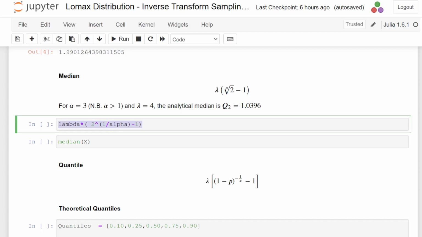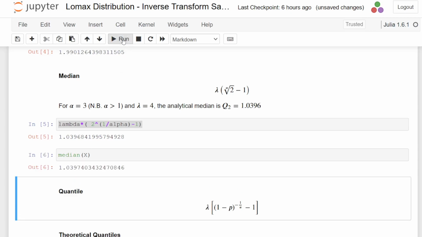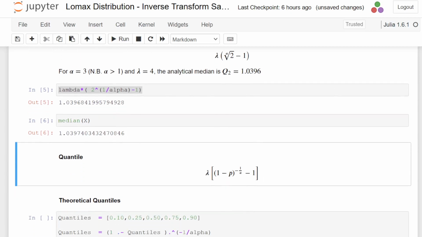This is how we would set that up. We have no vectors or arrays or anything like that, so this is straightforward scalar operations, 1.306. Let's see what our sample value is. 1.3097. Good enough.